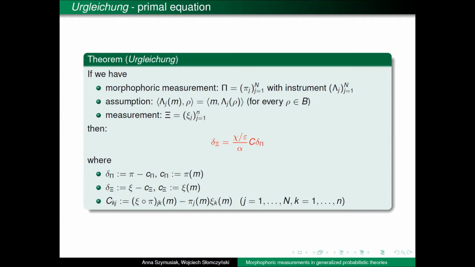I think Carol wrote a paper about this, or quantum mechanics over octonions in dimension 3, and so on. So I think that there are two basic examples: classical mechanics and quantum mechanics, and several generalizations of quantum theory you might think of. And I think that Anya in a few minutes will present you a lot of examples of morphophoric measurements.